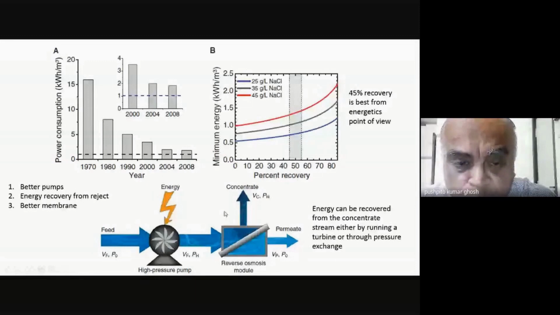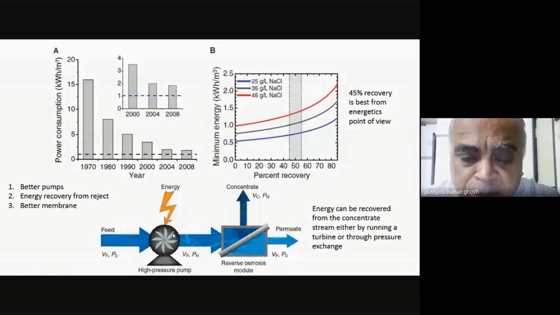This is my input energy into my feed water. This is my concentrate. I pass it through a turbine, I recover power, and then I feed that power here. To that extent, I can reduce my energy requirement. Or there is another way: something known as a pressure exchanger.